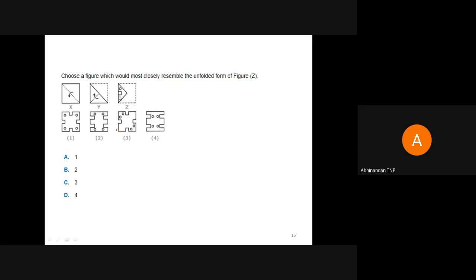This circle and square will come to this side, then again it will move towards the upper side. Here we have the circle, then here we have the circle, here also we have a circle, this square will be here, this square will be here. Means option number C seems to be correct. The third option is correct, means option number C is the correct answer.